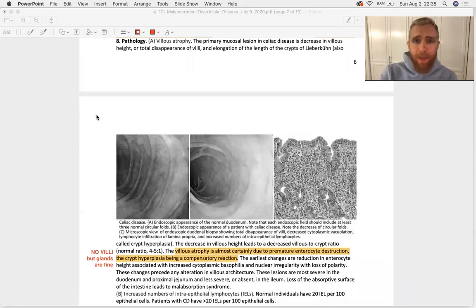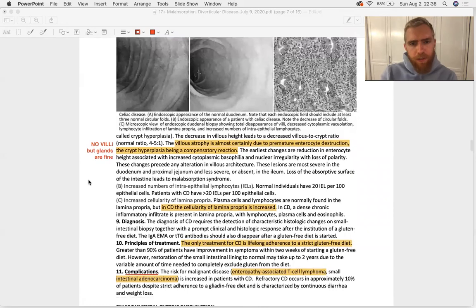Let's talk about the pathology of celiac disease. Villus atrophy is the name of the game. And in response to that villus atrophy, your glands are going to get bigger and bigger and bigger to try to soothe the inflammation as much as possible by pumping out secretions.